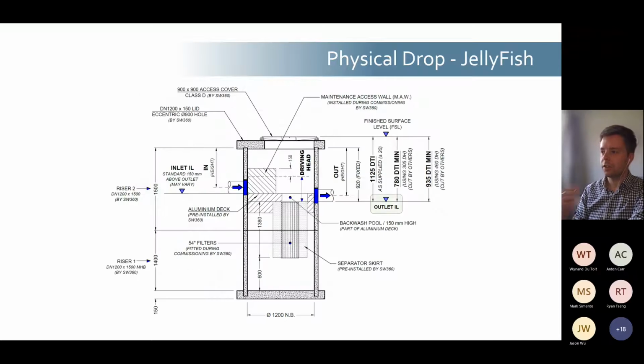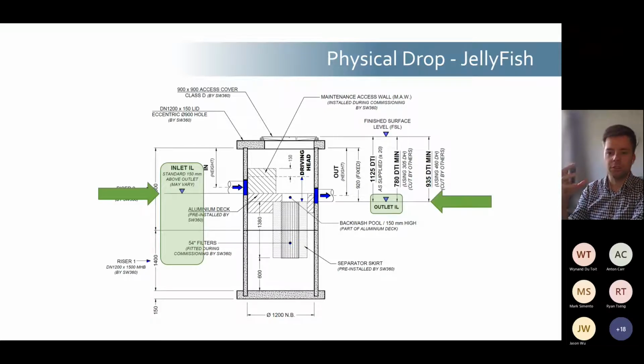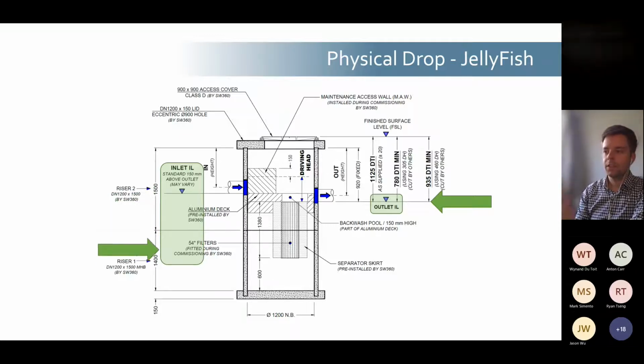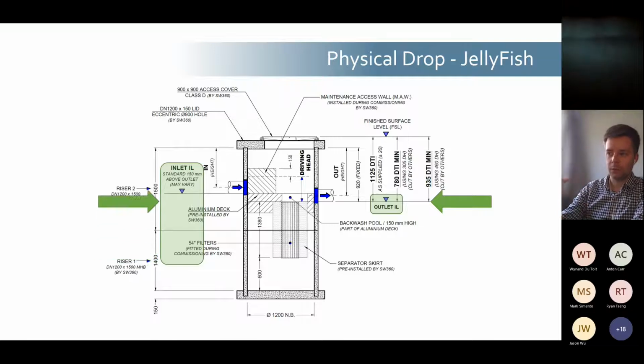For JellyFish, you have the outlet invert and the inlet invert. The inlet invert on the JellyFish is at standard 150 millimeters above the outlet. But with the JellyFish, the inlet is on a sliding scale. It's not at a defined point, so anywhere within that range, you can put the inlet and outlet.